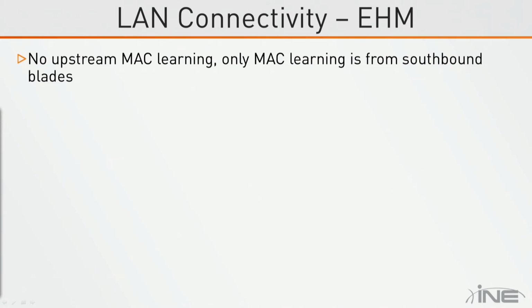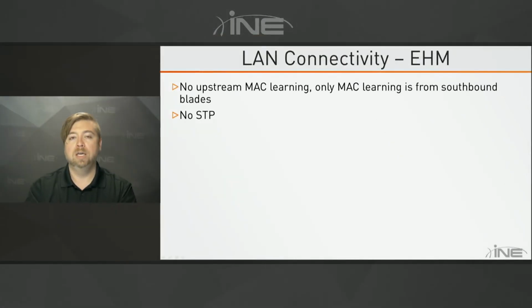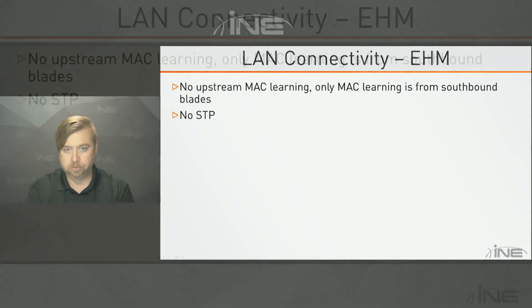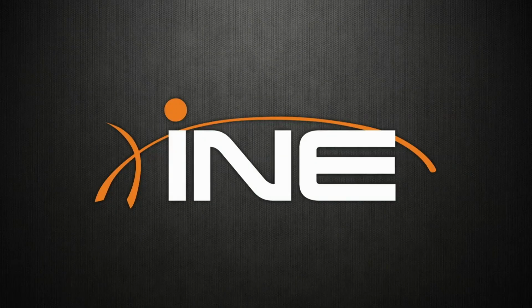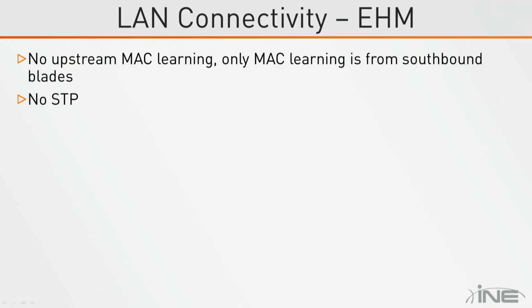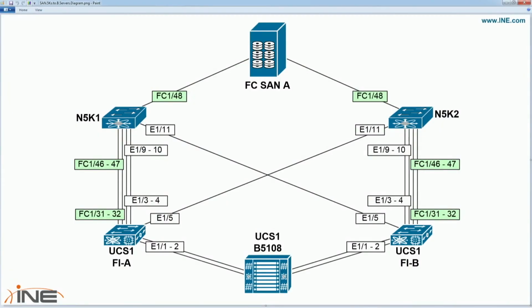Okay, additionally, when we're running in end host mode, we're not running spanning tree. Okay, so we talked about on the northbound switches, this is going to be from the 5K's point of view, the trunk interfaces that are going southbound to the Fabric Interconnects. So if we look back at our physical diagram here, this is talking about from 5K1 and 5K2, this is going to be Ethernet ports 9, 10, and 11.